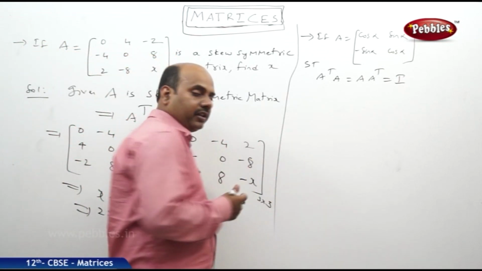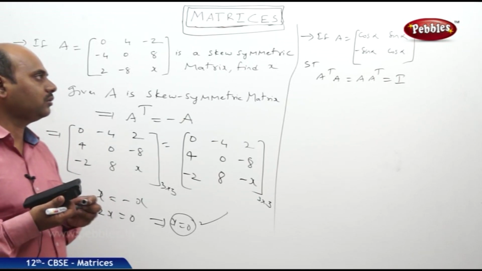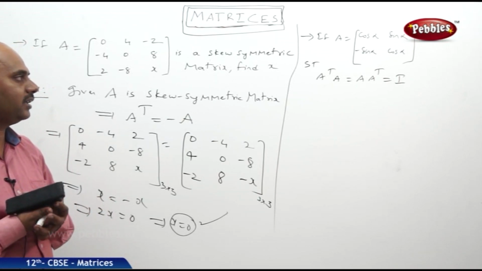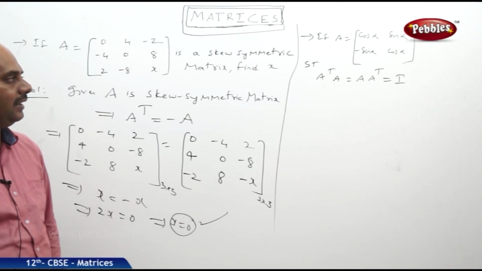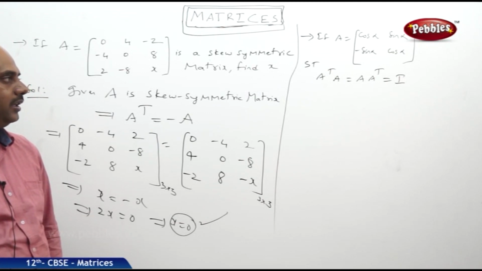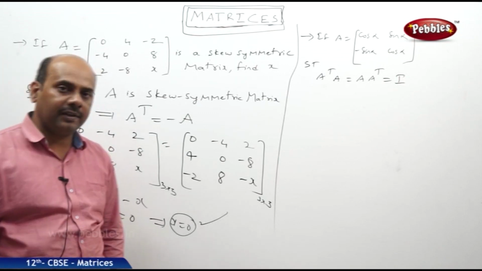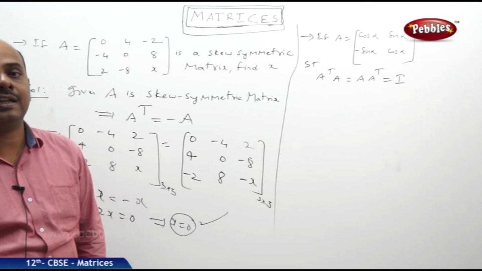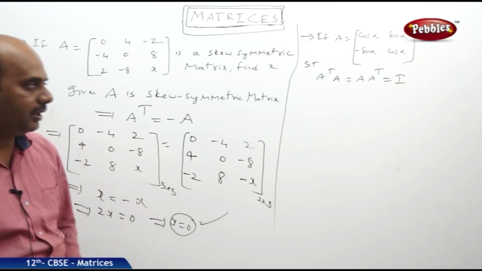Now if I go for the next problem: if A is equal to cos alpha, sin alpha; minus sin alpha, cos alpha, I need to show A transpose A is equal to A A transpose is equal to I. I means the identity matrix, and we should get the answer as 2 by 2 because the matrix is also given of order 2 by 2.